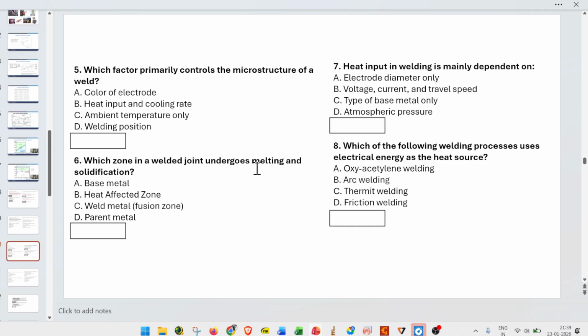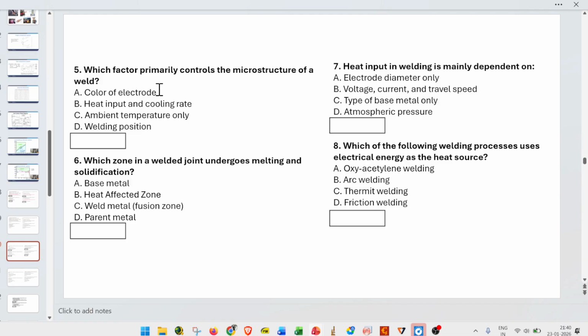Which factor primarily controls the microstructure of the weld?